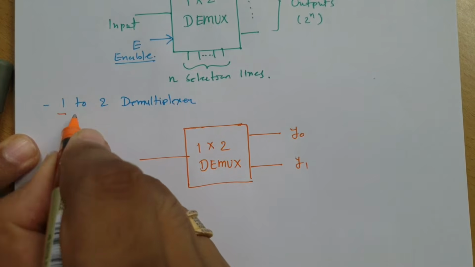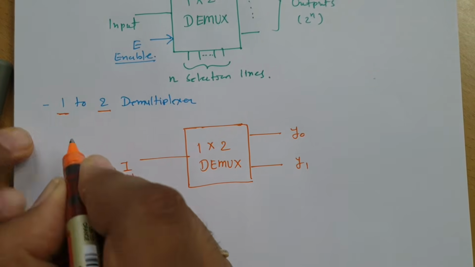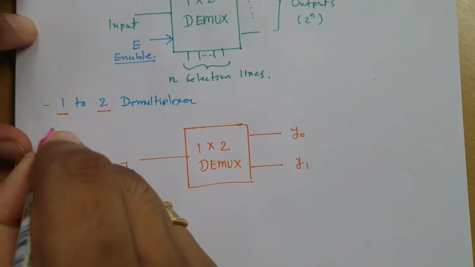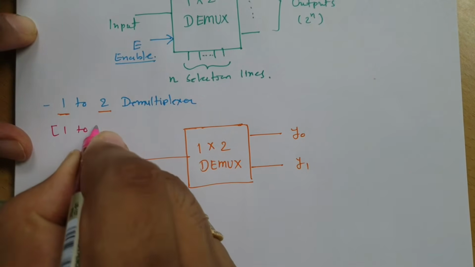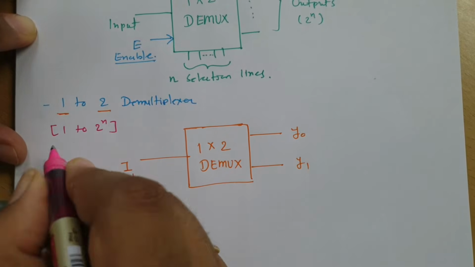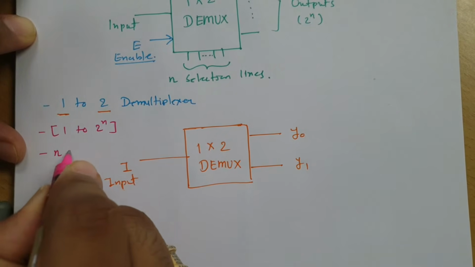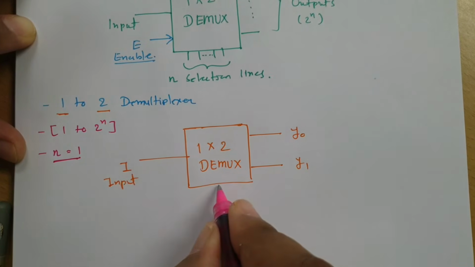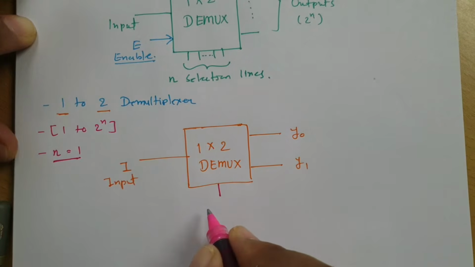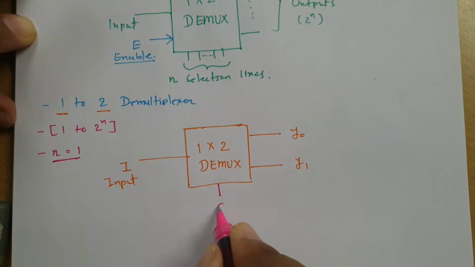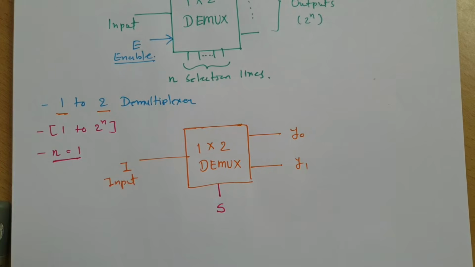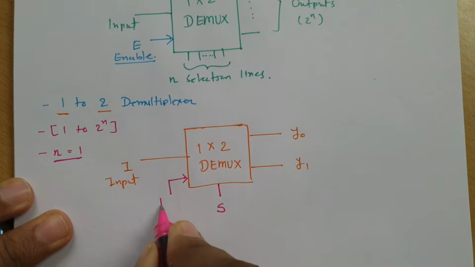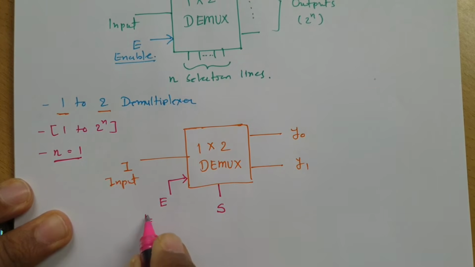If you compare this form with 1 to 2 to the power n, we can clearly say here n is equal to 1. So there is only one selection line, let us say S, and a very important terminal that we should not forget, E, the enable terminal.